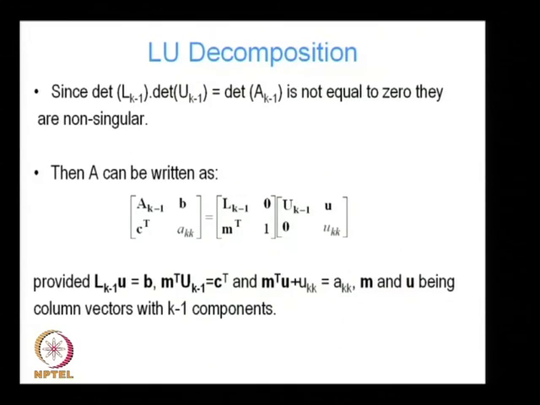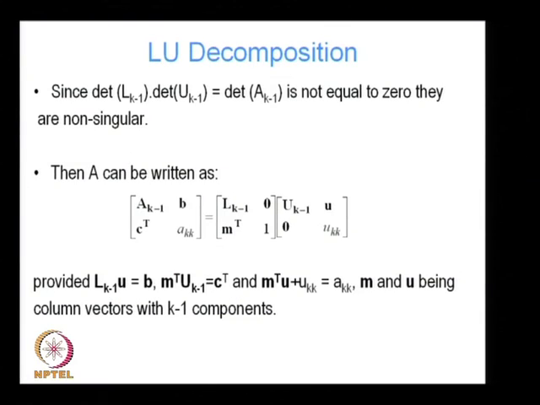Thus, we can write the matrix with blocks A k minus 1, B, C transpose, Akk as the product of the matrix with blocks L k minus 1, 0, M transpose, 1 times the matrix with blocks U k minus 1, U, 0, Ukk. Note the form of these matrices on the right hand side. The first matrix is a lower triangular matrix, because all the elements above the principal diagonal are 0, while the second matrix on the right hand side is an upper triangular matrix, because all the elements below the principal diagonal are 0.